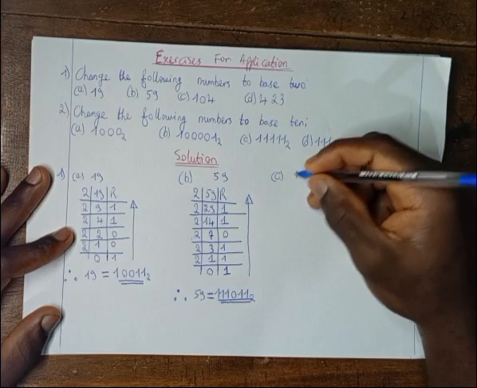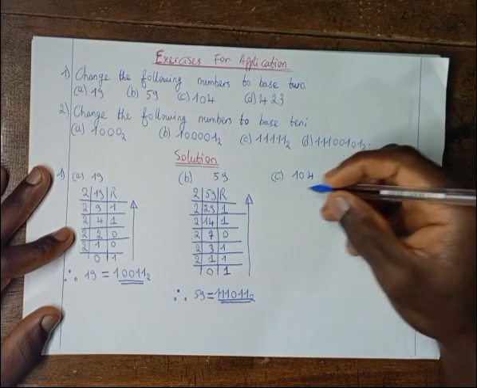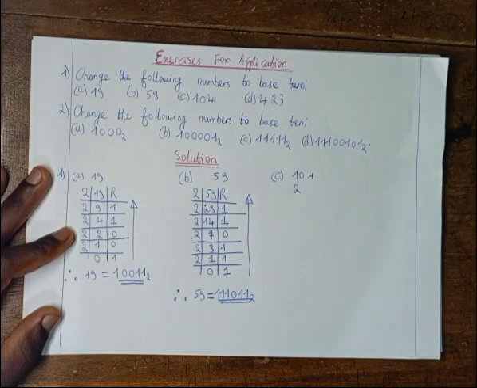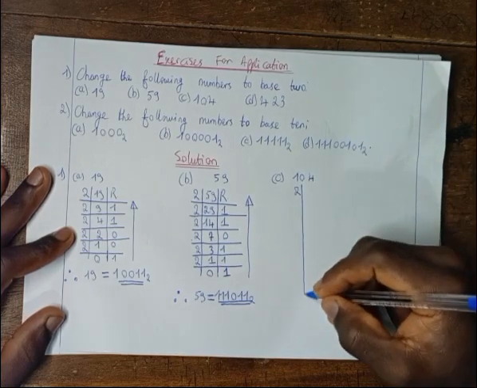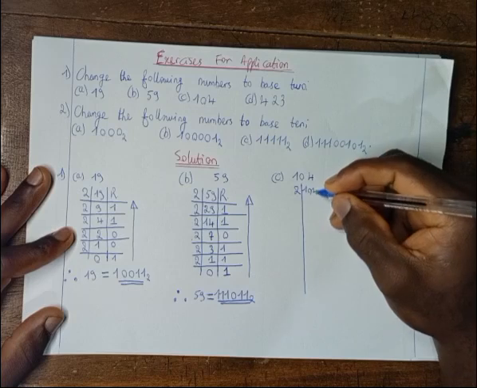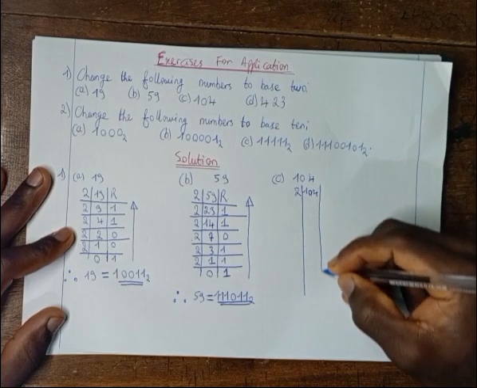For C, we have the number 104. We have to make use of repeated division. So for the first column, we have 2. The second column, we have the number 104. And for the last column, we have the remainder.